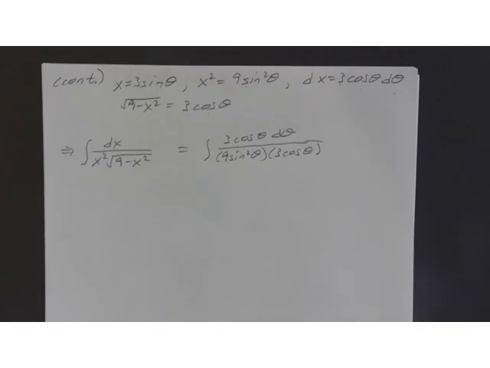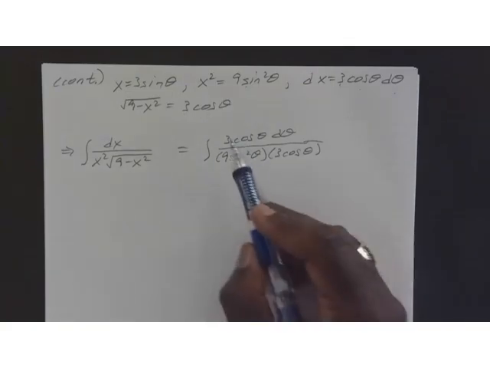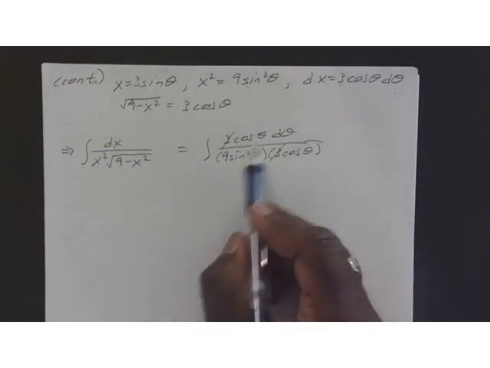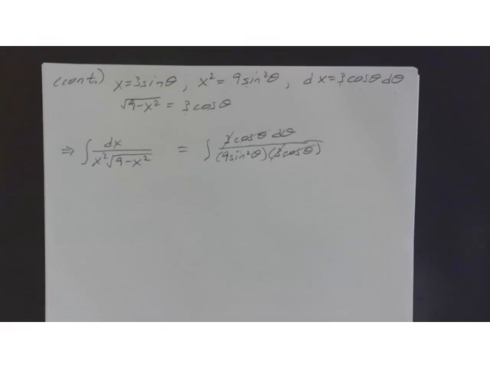Okay. And if you're lucky, things will start to cancel out. Like this 3 cancels out with this 3. This cosine of theta cancels out with this cosine of theta.